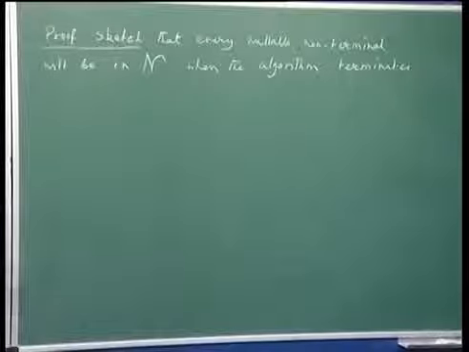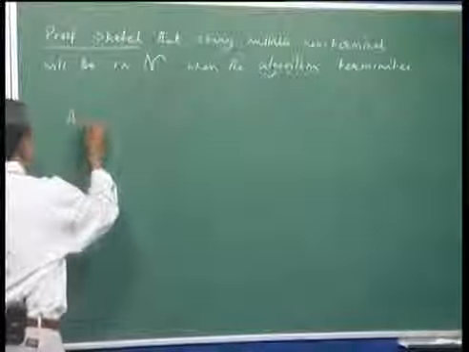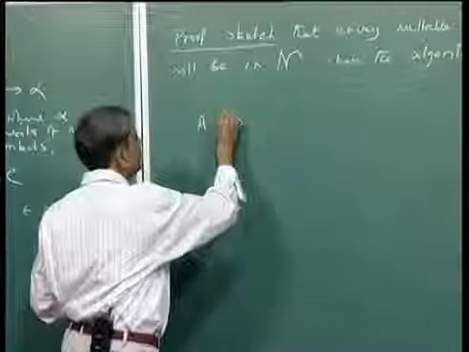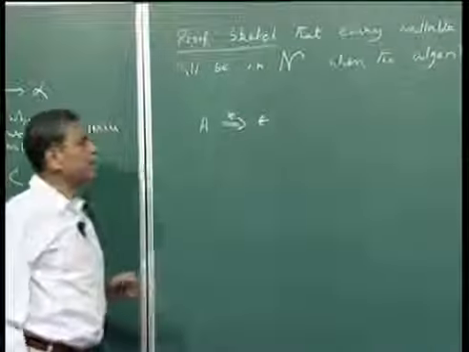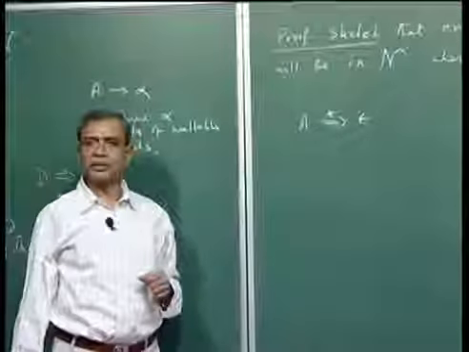Now, by definition, a nullable symbol is something which can generate the string epsilon.